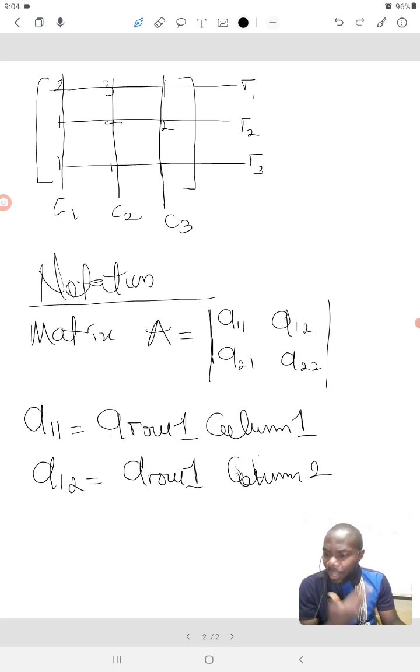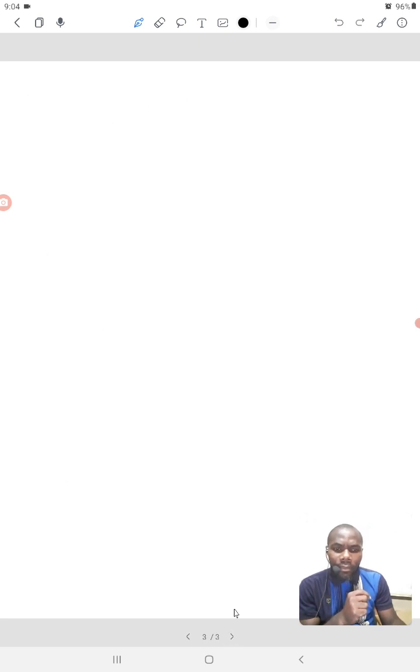So let's try to have examples relating to this for you to get the meaning of this notation. For example, the first example is like this.